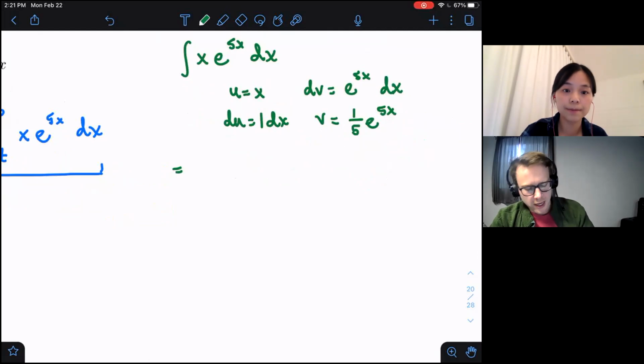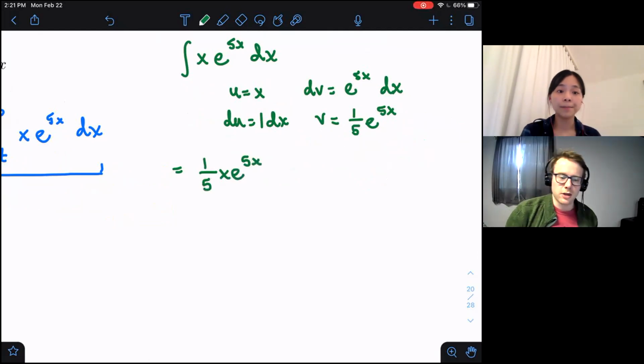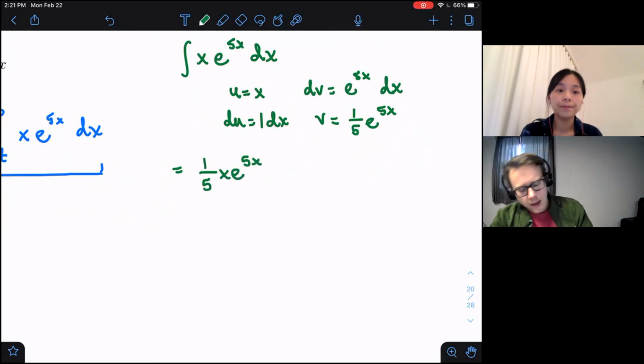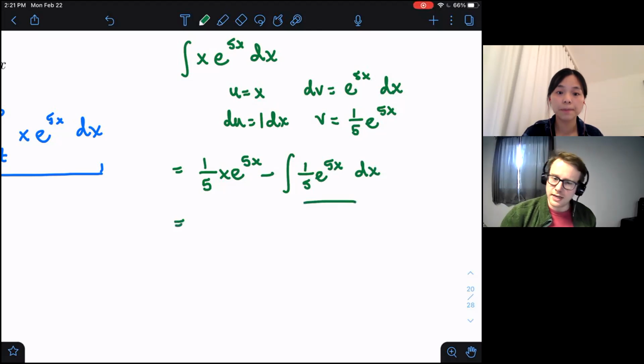According to integration by parts, this integral is going to be equal to uv. So I'm going to write 1/5 x e to the 5x, you see my u and my v, minus the integral of v du. V and du is the same as dx. Looking at this, yes, we can see that it is indeed easier to integrate, and so we are going to be able to make some great progress.